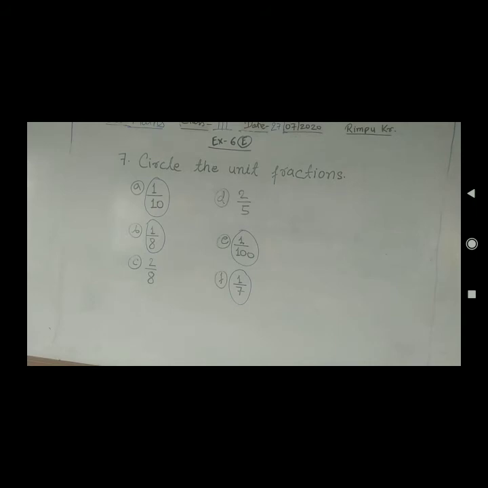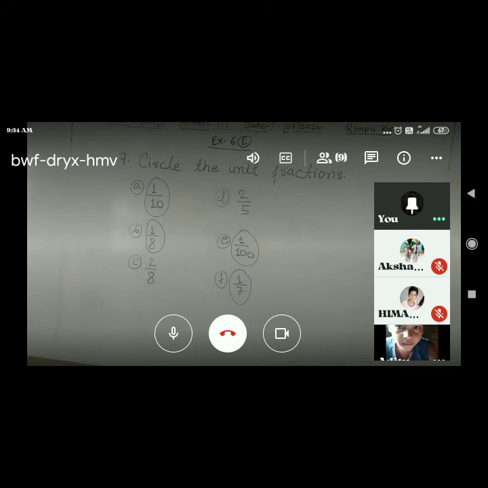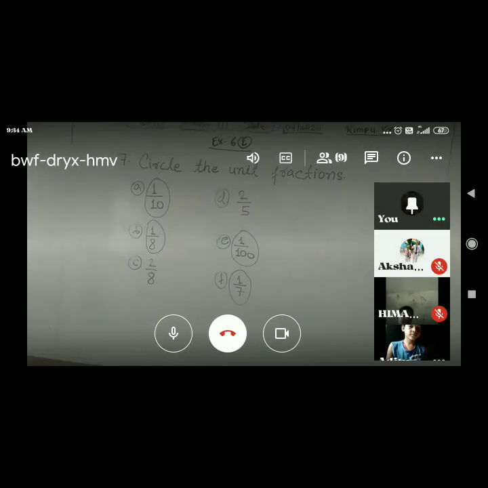That is why these all are in the correct category of unit fractions. According to the question, you have to just circle it. By this way you will get the answer. Just note it down fast, guys.